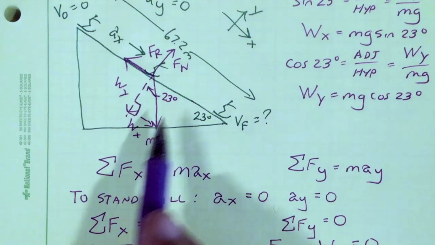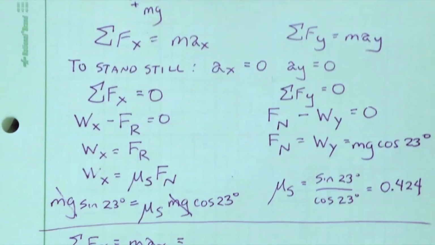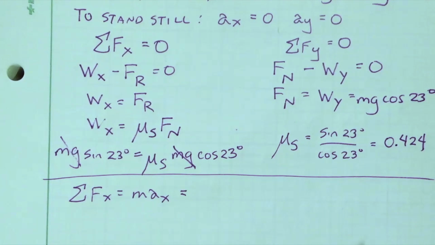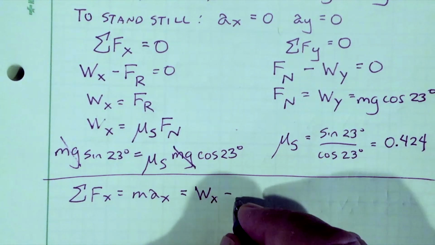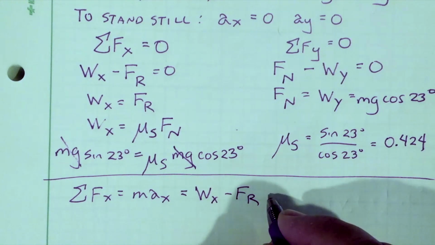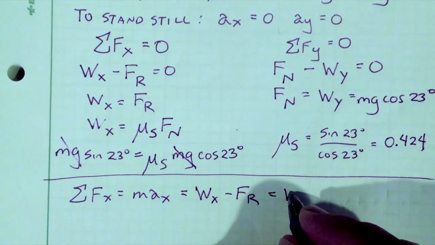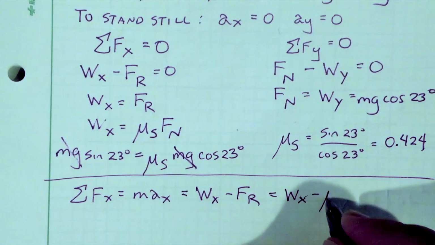All right, well that's going to be, we look back up here at our diagram and we see there are two forces acting in the x direction. Right, so that's going to be Wx minus Fr. Except this time, we're talking about kinetic friction.